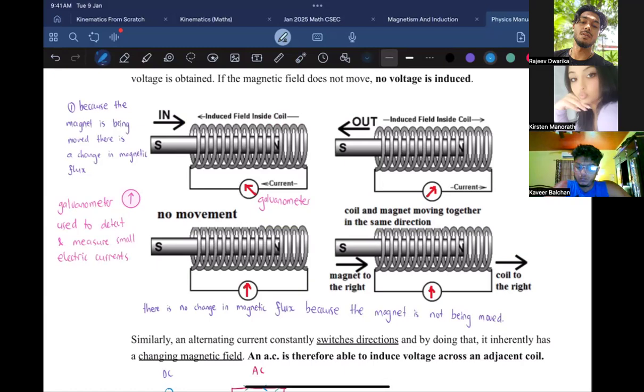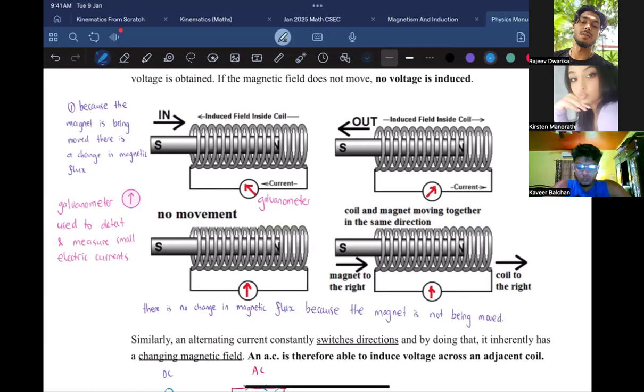And that would have resulted in a change in magnetic flux, and that would have induced the current, the flow, the current or the voltage. You understand that, right?